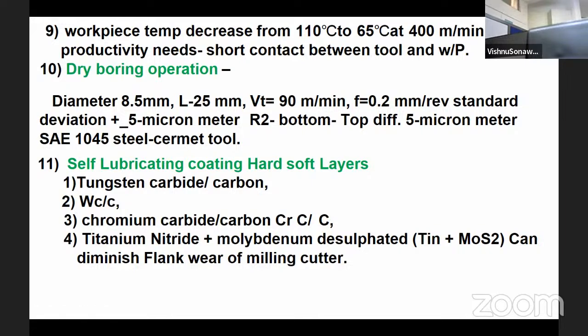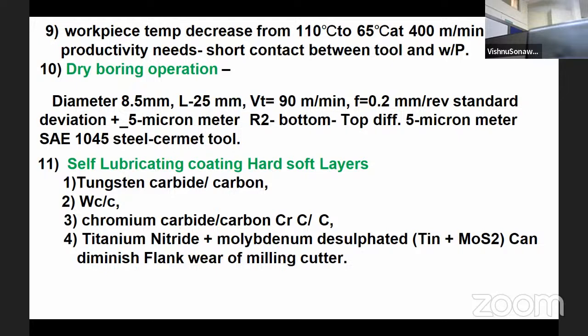And when you are using self lubricating coating tool material, the coating cutting tool material is tungsten carbide carbon, chromium carbide or chromium carbide carbon. Next is titanium nitride plus molybdenum, and desulfated titanium and molybdenum sulfate.